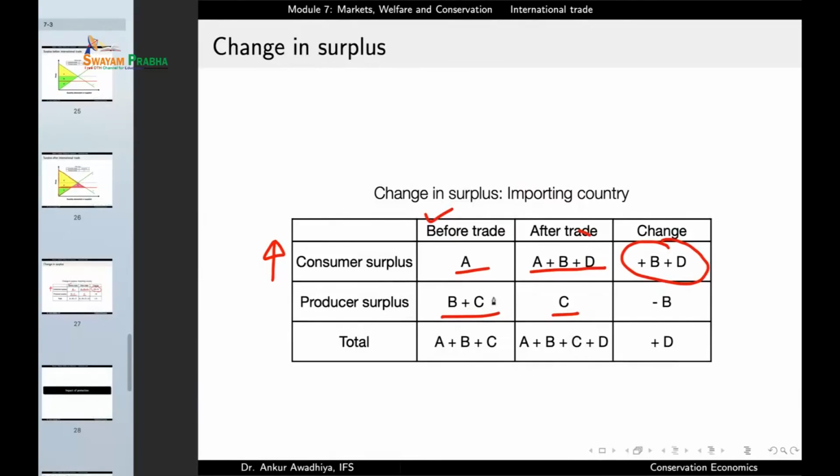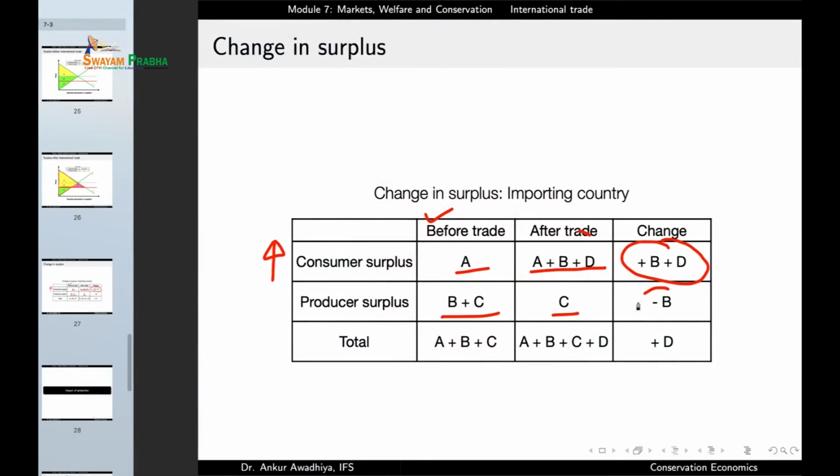And the consumer surplus tells us the difference between the value that the consumers put on the good and the price at which they are able to get it. Because of the trade, the value will not change, but the price has reduced, and so the consumer surplus has increased.